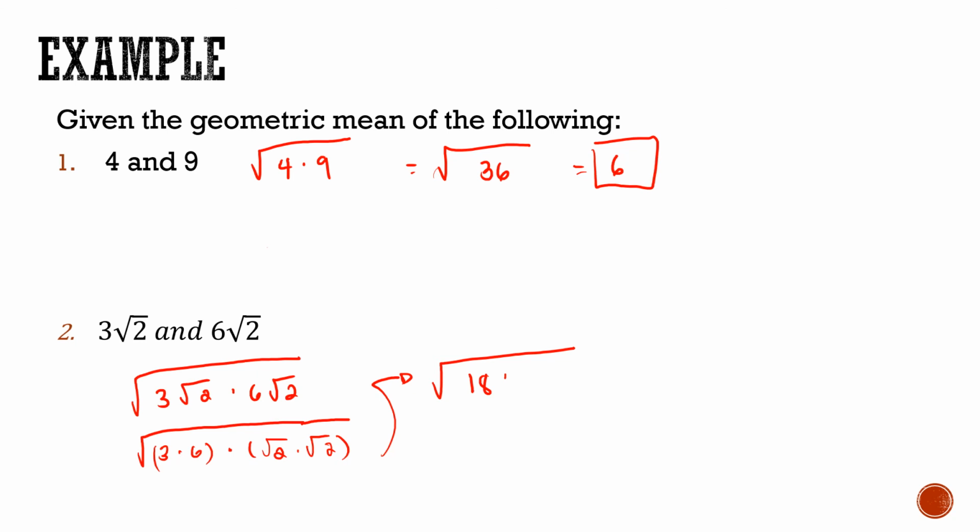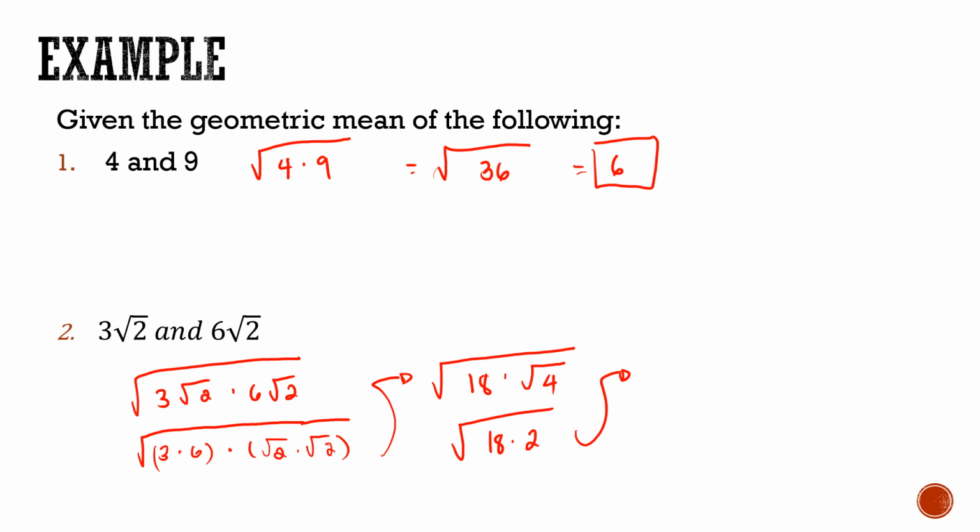So when you are multiplying radicals having the same index, you will simply copy the index and multiply the radicands. So we have square root of 2 times 2, that is square root of 4. Now, square root of 4 can still be simplified. So this will become square root of 18 times square root of 4 is 2.